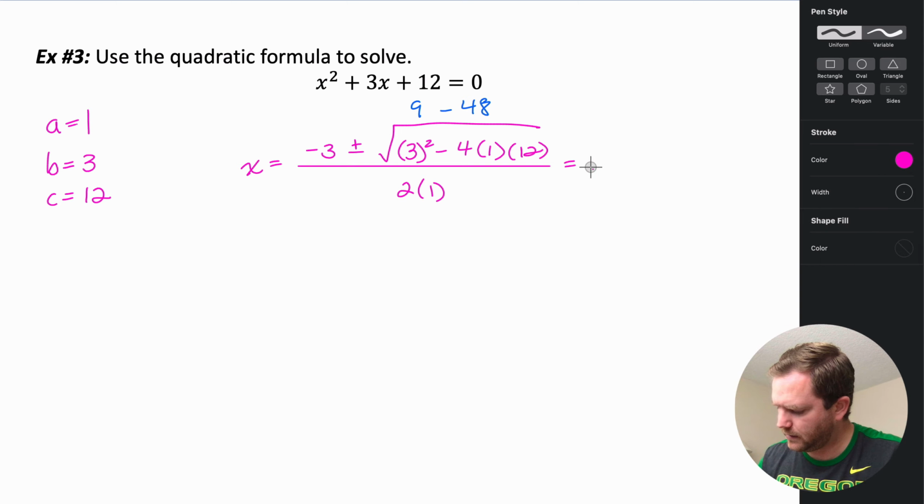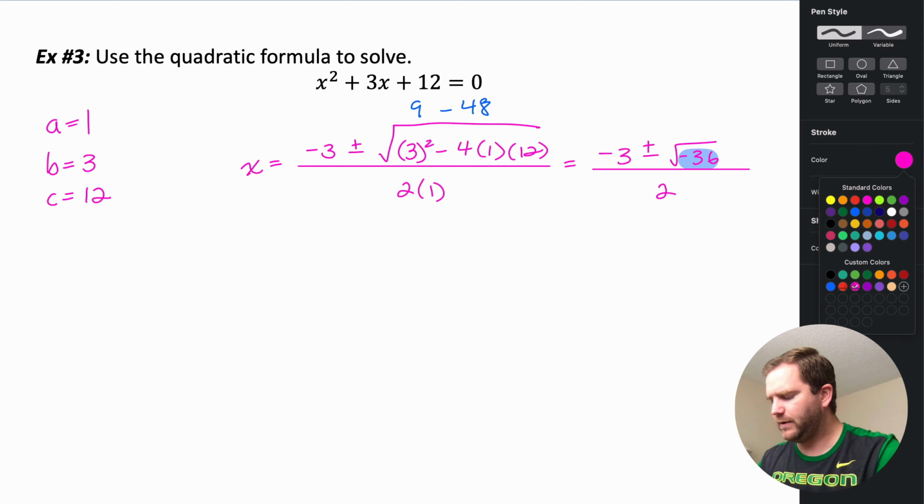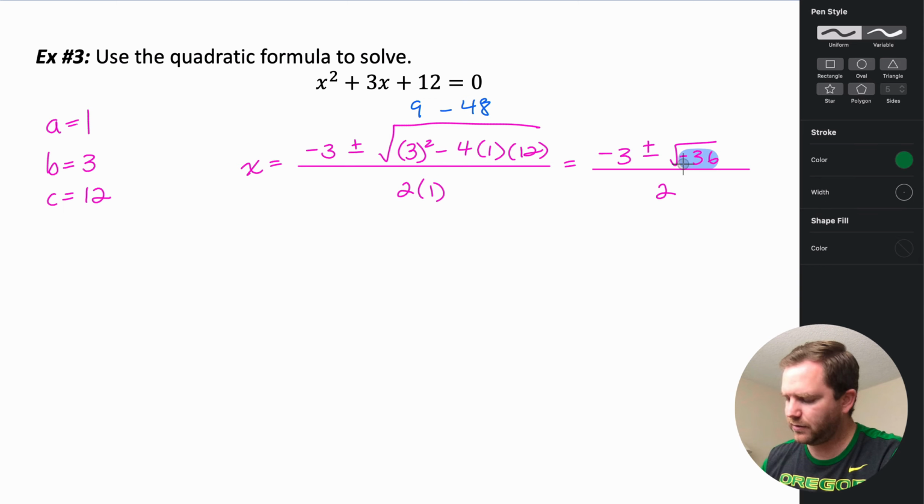So that's going to be -3 plus or minus the square root of 9 minus 48, that's going to be -36, all divided by 2. Okay, so -36, can that simplify at all? Well, actually, this is a situation where, if you recall, we have a negative inside our radical. And we said when that happens, we end up with a situation where we get something called no solution.